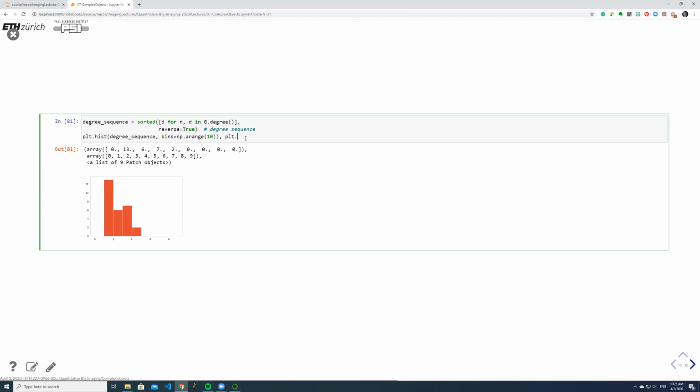So it would be here. Let's plot. X label: number of connected edges.